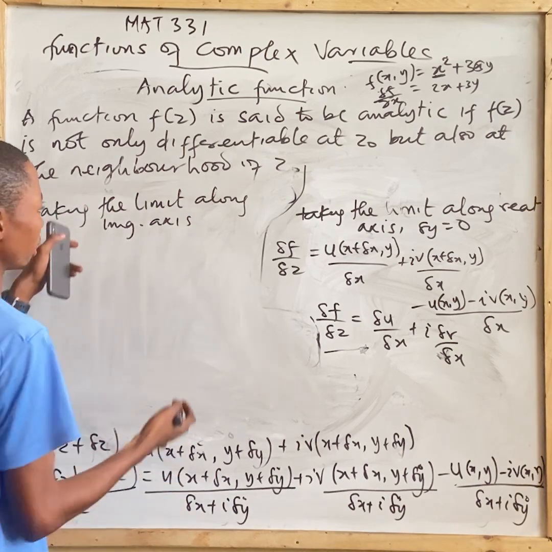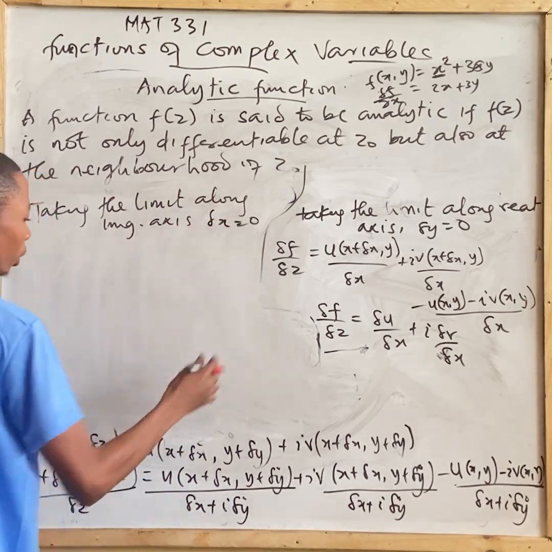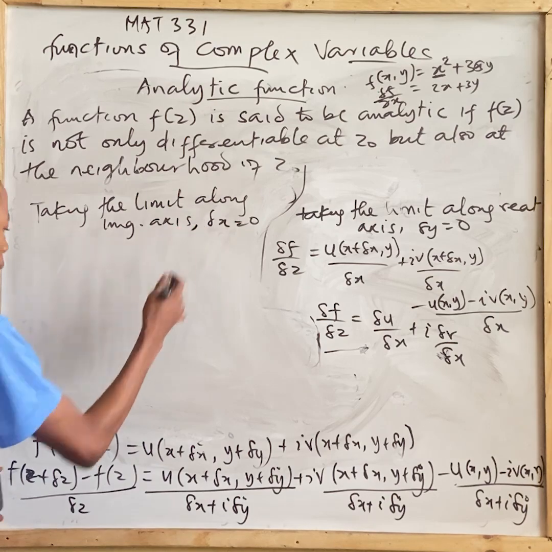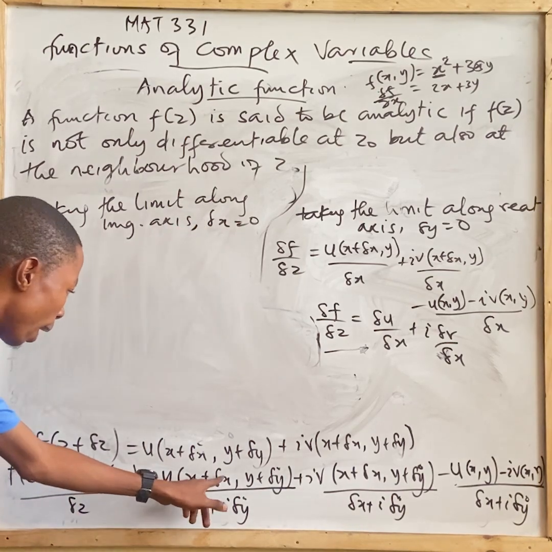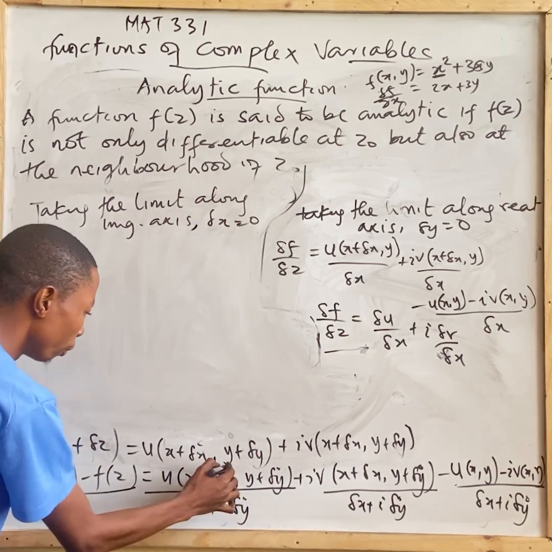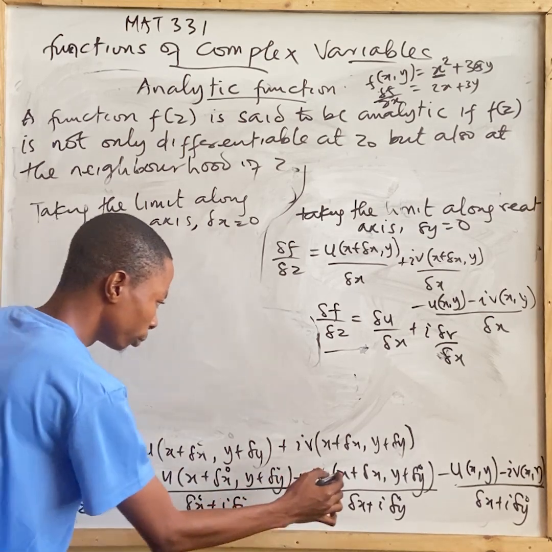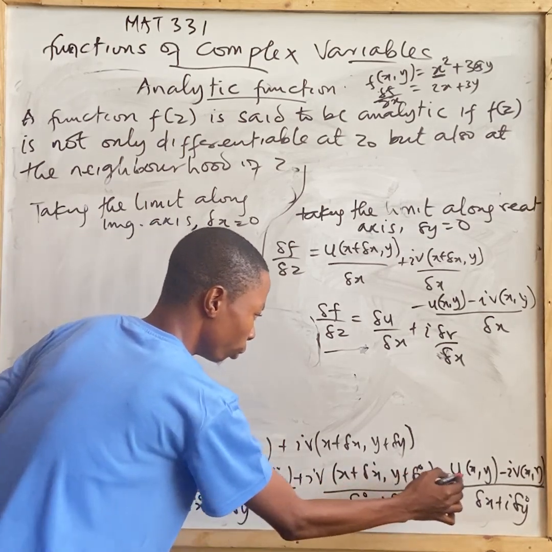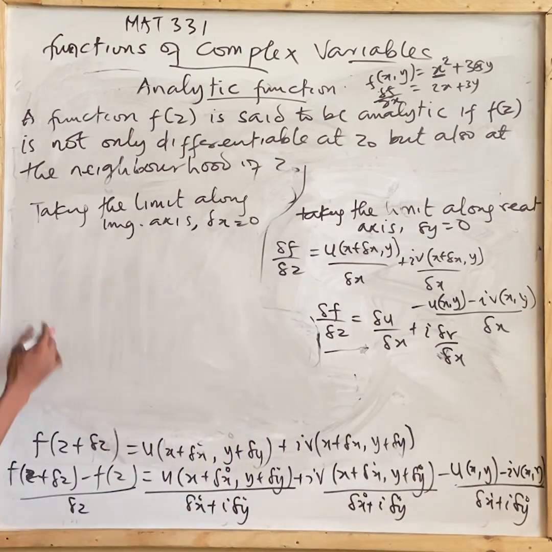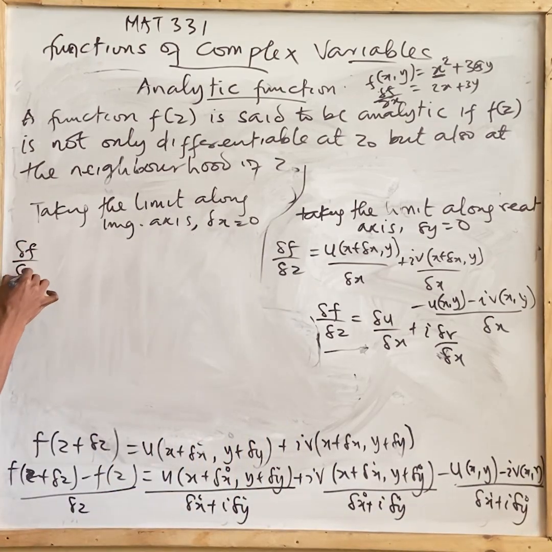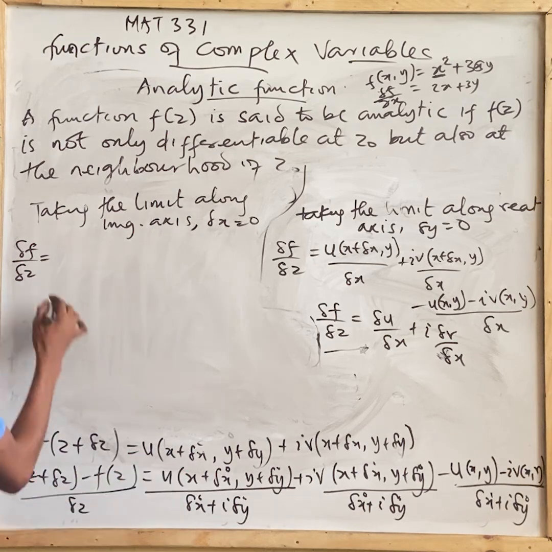I'm considering the y axis alone, so x will be 0. From here, if our dx is 0, this part is 0, this part is 0, this one is 0. So we are going to have f'(z) equals u.